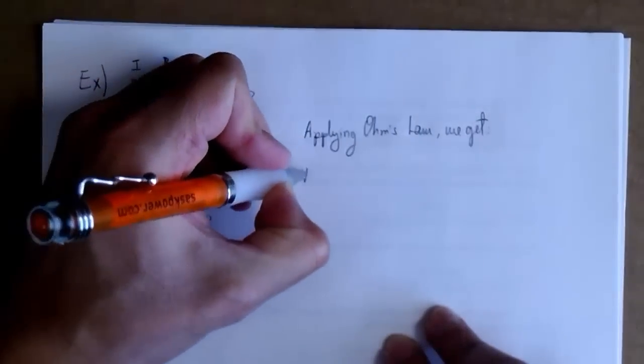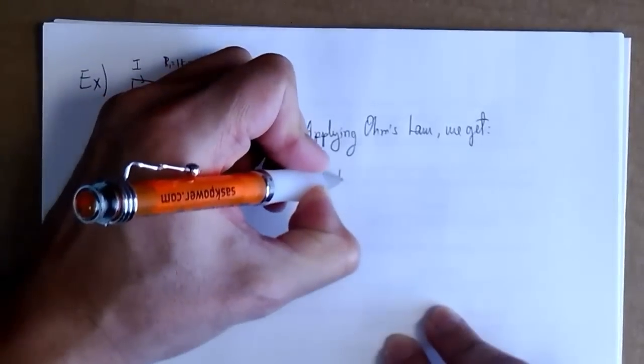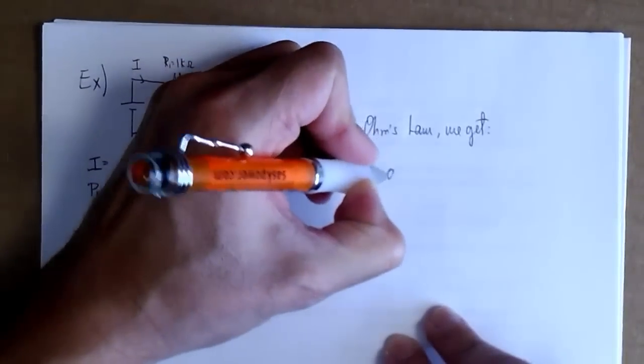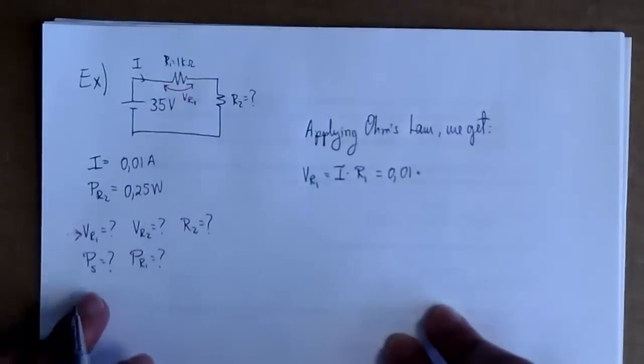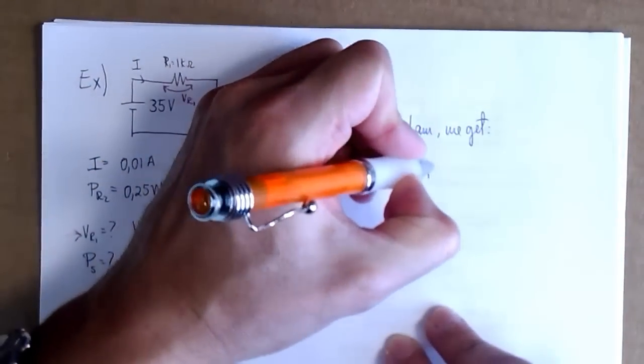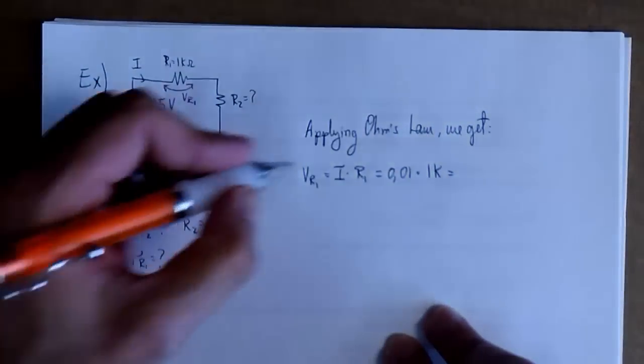So VR1 is going to be equal to the current I times R1, and this value is going to be 0.01 times R1, which is 1K, and we get 10 volts.